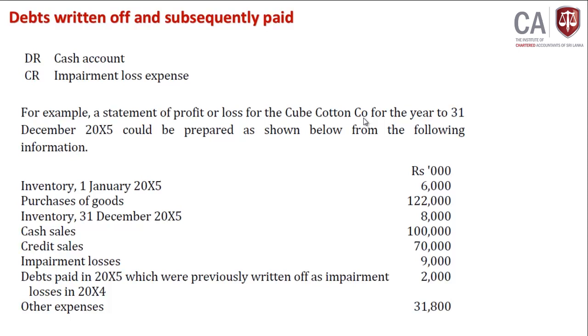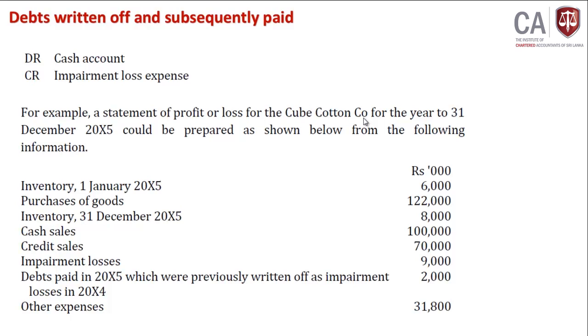Then you have cash sales of 100,000, and credit sales of 70,000, and finally you have 9,000 impairment, and debt paid in 2005 which was previously written off as impairment, 2,000, which we had written off in 2004, and other expenses around 31,800. So that's the summary of the transactions given in the question.